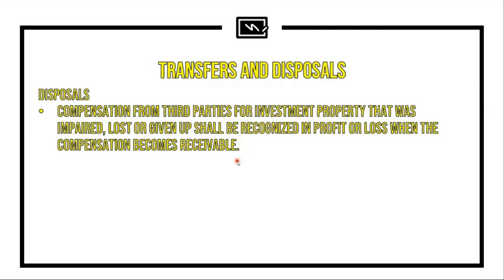You recognize the loss separately from the gain from compensation. That's actually very self-explanatory because you do not really offset items of receivable and payables or items of income and losses, unless offsetting is allowed.